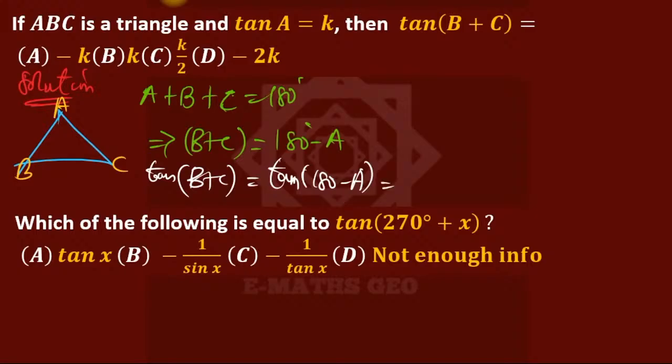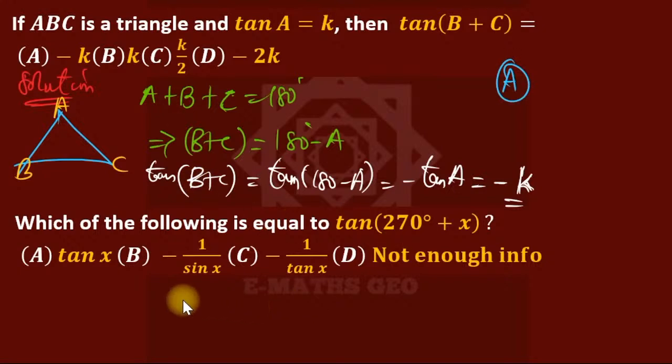Now this is a second quadrant angle, and remember, in the second quadrant tan is always negative, so this is minus tan A. What is tan A? Tan A is K. So the answer is minus K. So it's still simple, but tricky. That's option A.